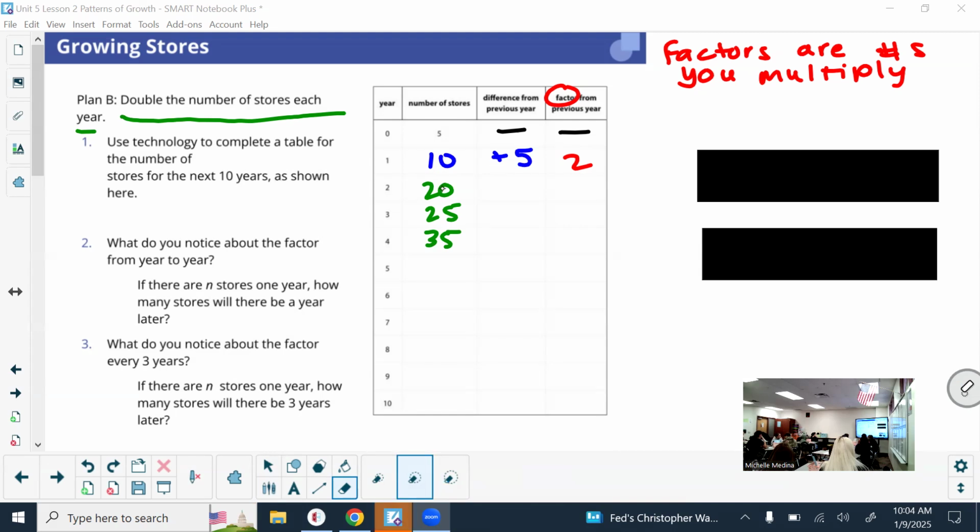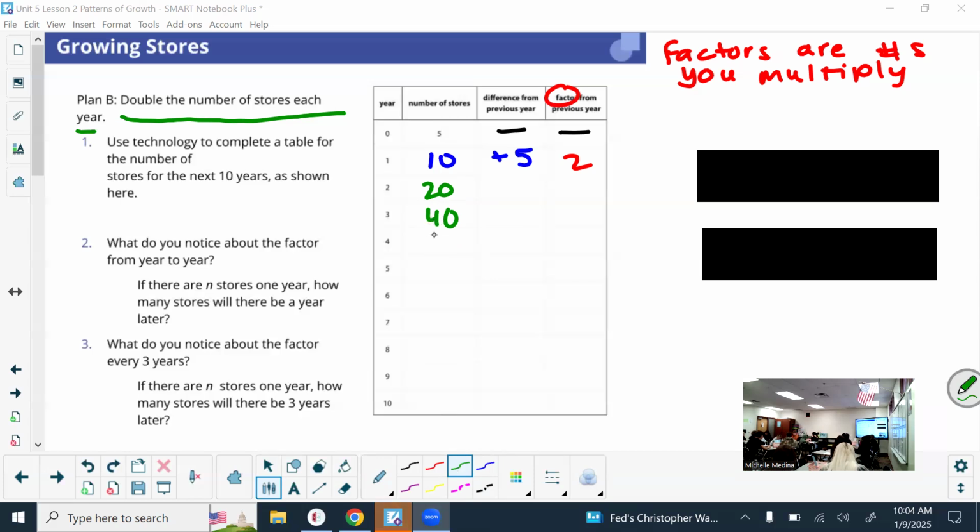So what's double? Class, what's double of 10? What's double of 20? You guys can fix those spaces. Of course, if you make a mistake somewhere, you're going to end up ruining the rest of them because each is based on the previous year.